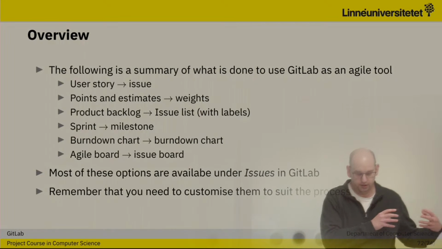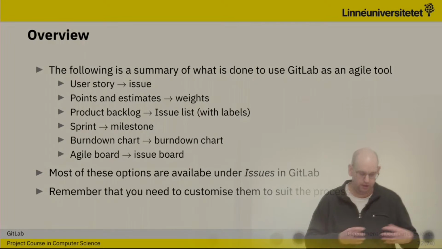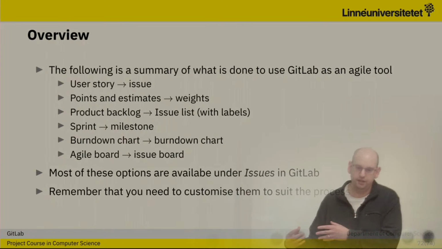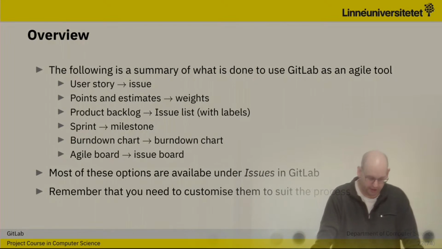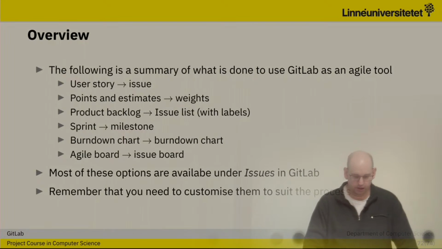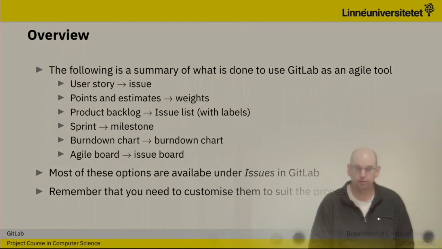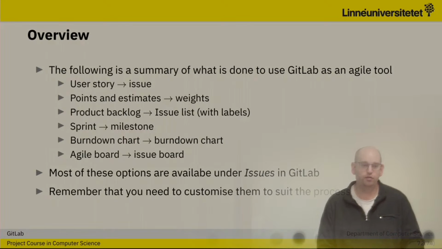The sprint is a milestone. Burn down chart, well, it's burn down chart. Agile board is the issue board. You can have a look at these as soon as you get access to GitLab. So most of the things that you need to look at are under issues in GitLab. And also remember to customize them in order to match your project.